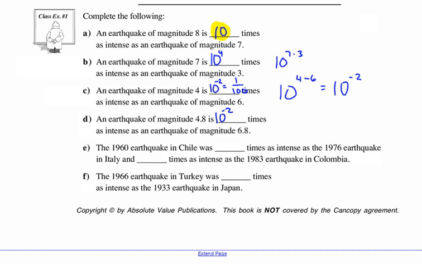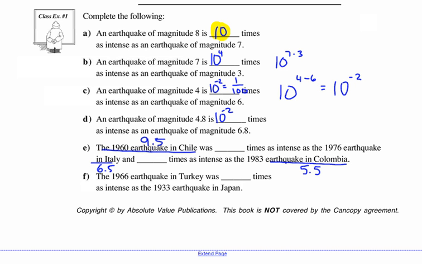How about the Chile? What was the earthquake in Chile? It's at 9.5. It's insane. And what is the one in Italy in 1976? 6.5. Okay, and what is the one in Colombia? 5.5.